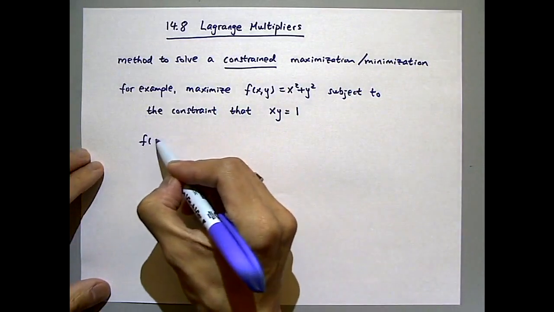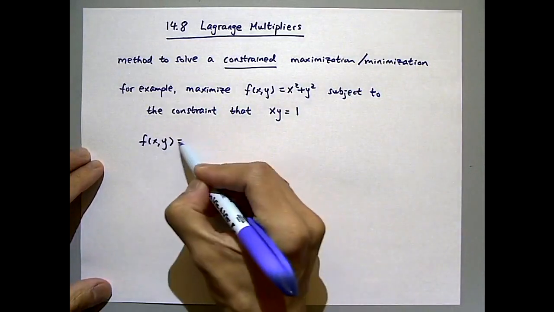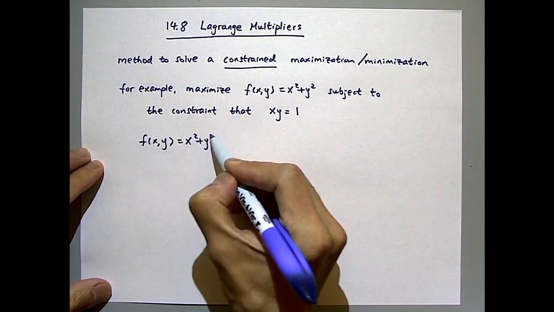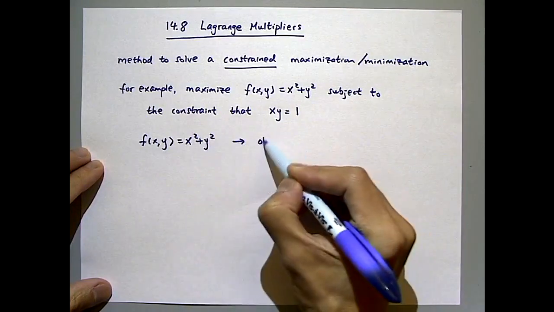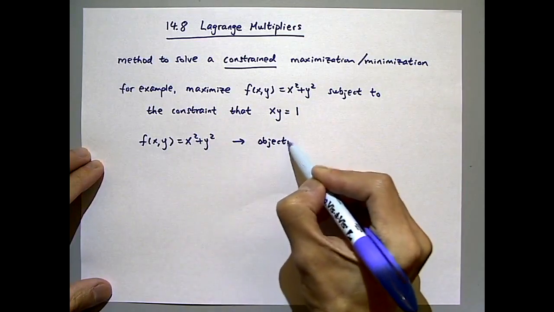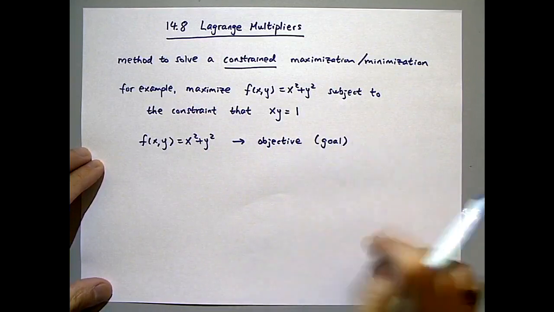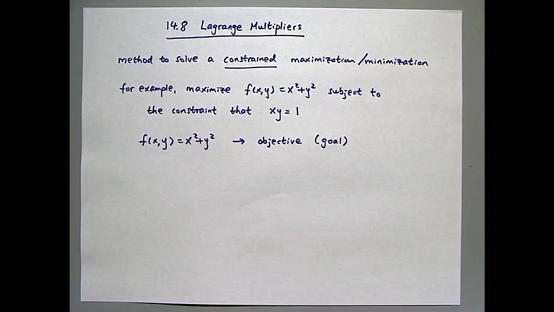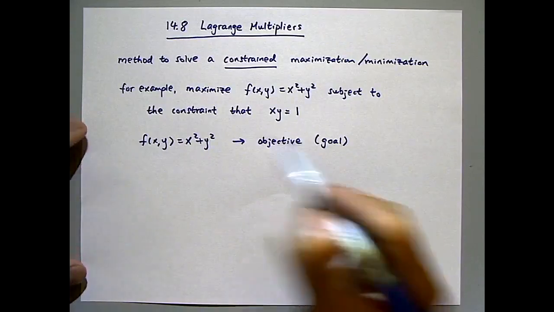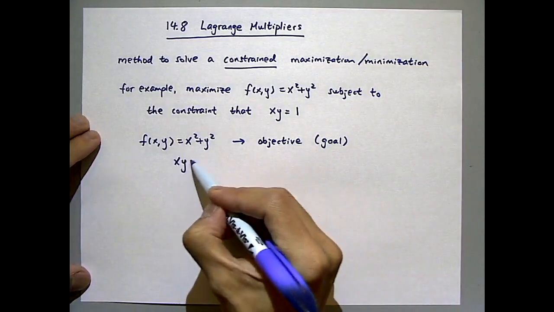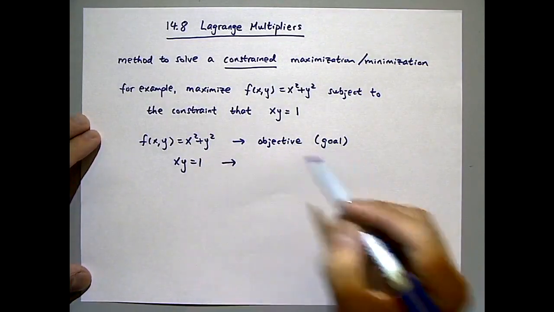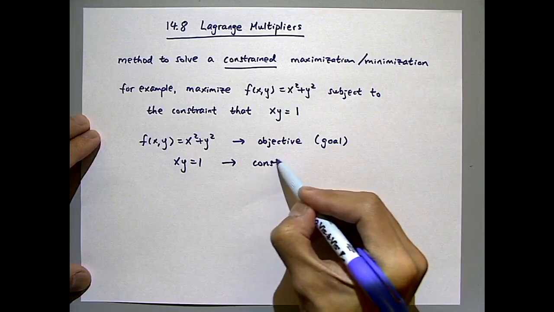The function f, this thing is called the objective. That's your goal. That's what you want to do. You want to maximize and minimize whatever it is. x times y equal to 1 in this example here, this is the constraint.